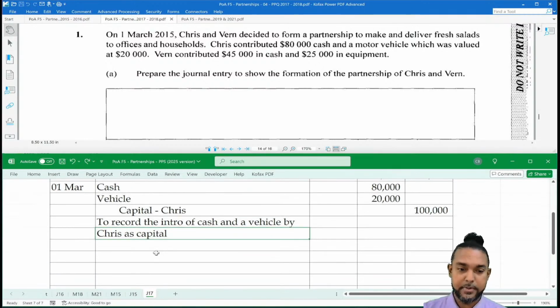Guys, I'm struggling here with this sleeping this way. Kind of bad today. Vern was cash. Equipment.